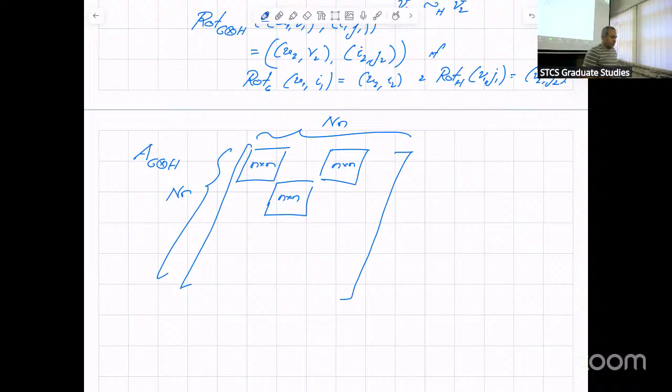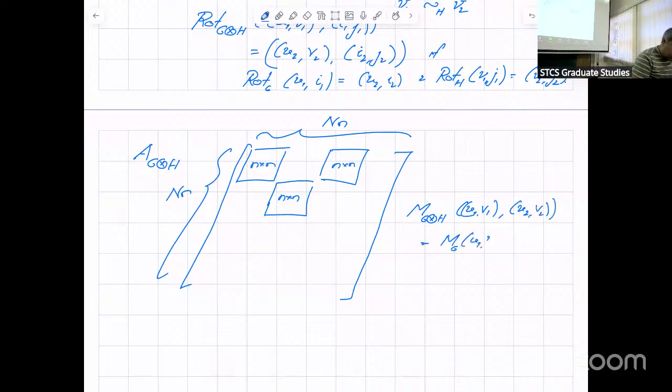So more precisely, A_{G tensor H} of (U1, V1), (U2, V2) is exactly A_G(U1, U2) times A_H(V1, V2).